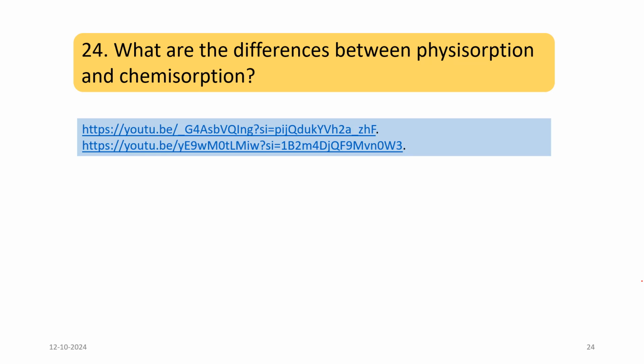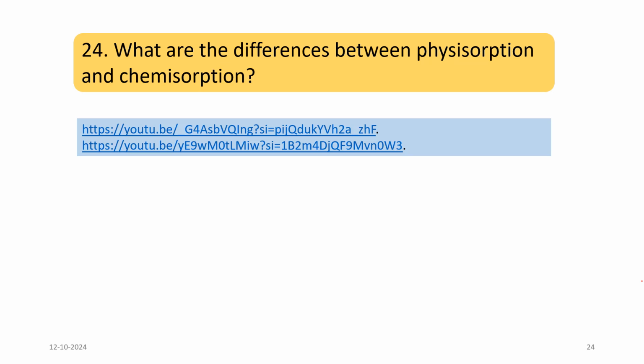As you have already seen in the previous video, in physical adsorption, the individual properties of the adsorbent and adsorbate are not changed, right? But in case of chemisorption, there is a transfer or sharing of electrons or breakage of the adsorbate into atoms or radicals which are bound separately.